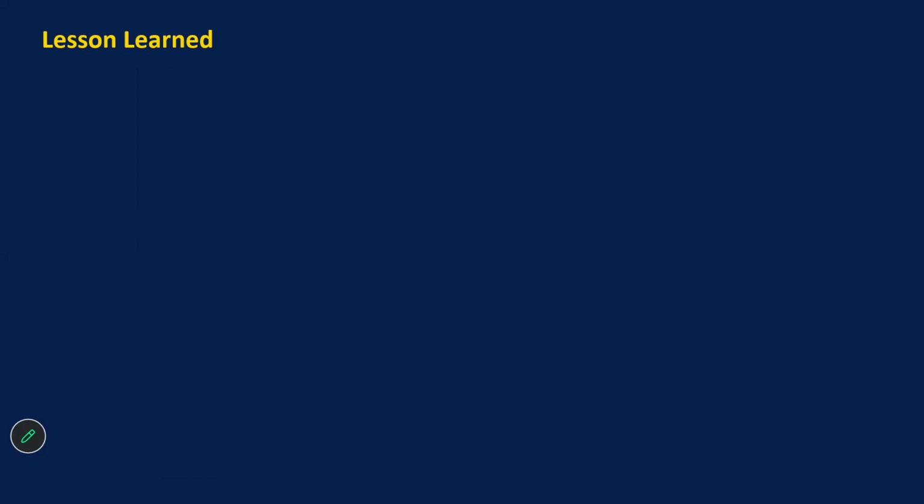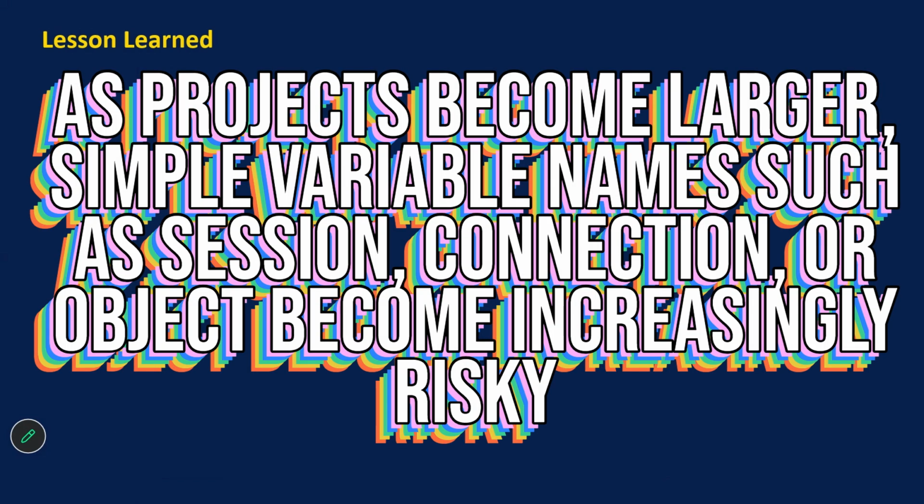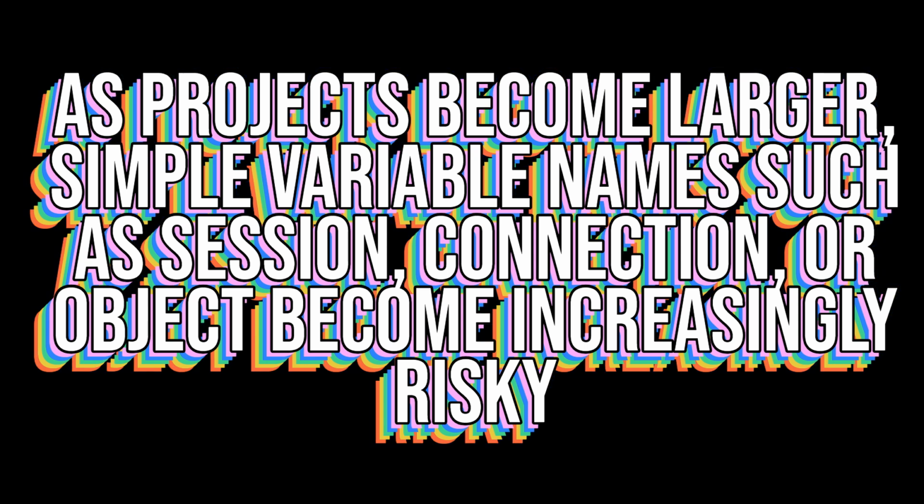As projects become larger, simple variable names such as session, connection, or object become increasingly risky.